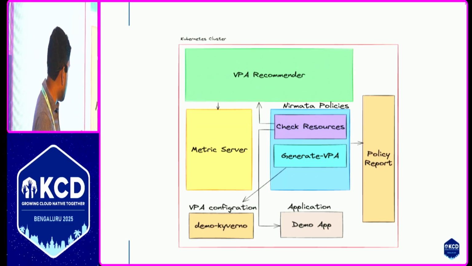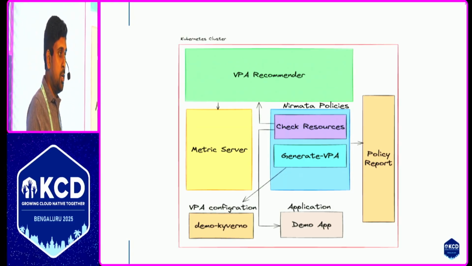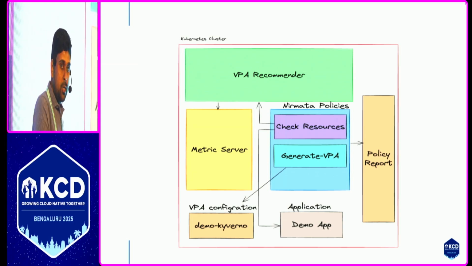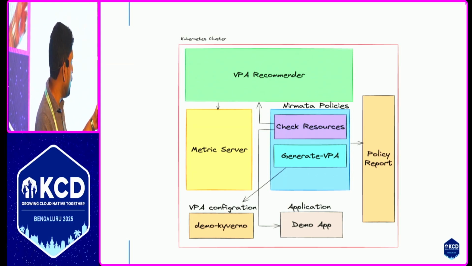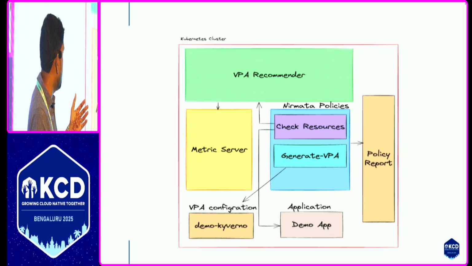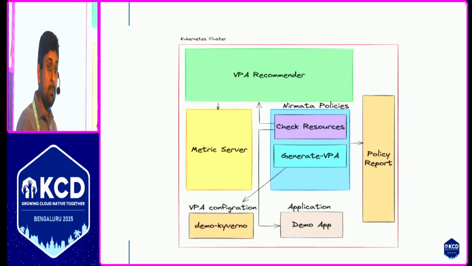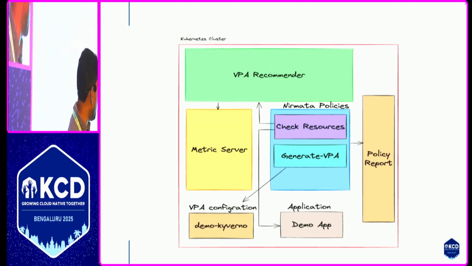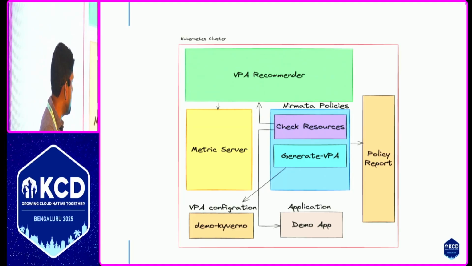Then we have a VPA configuration, which is required for each resource so that whenever a new recommendation is provided by VPA, it can be tagged with that particular resource, right? And then we have a policy report which will be generating the policies if any of the resource is not passing the VPA recommendation. So in this conjunction we have 2 policies here: one is check resource policy and the other one is generate VPA.